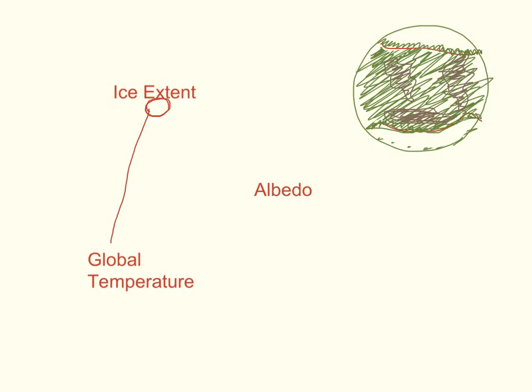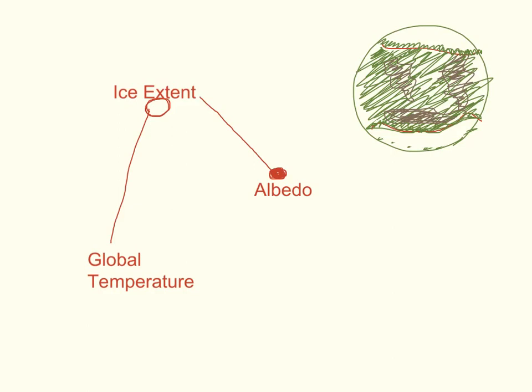So a decrease in ice extent results in a decrease in albedo. They're going in the same direction. If ice extent increases, albedo increases. If ice extent decreases, albedo decreases. And I'm going to represent this by a filled circle, indicating a positive coupling.